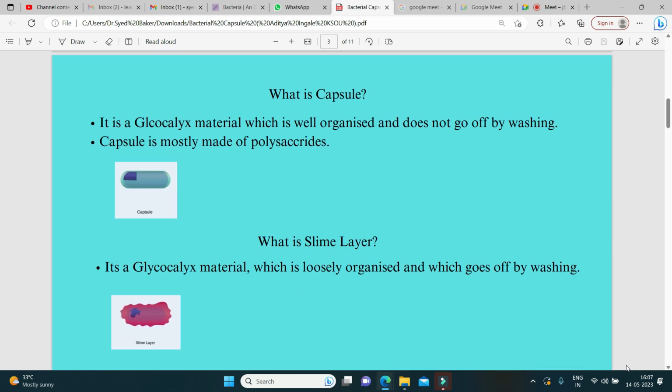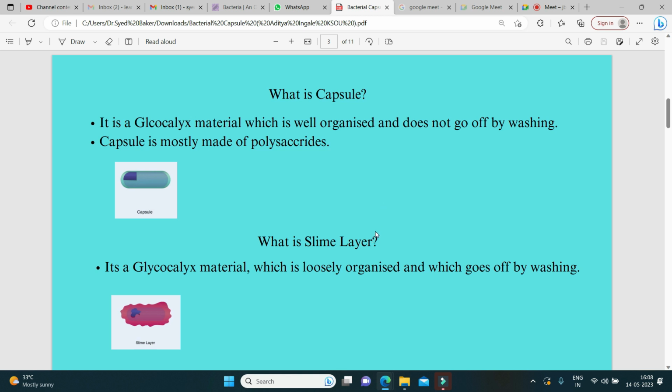So what is a bacterial capsule? When a bacterium releases a glycocalyx material which is well organized, properly organized, and which does not go off by washing or rinsing with water, such organized glycocalyx material released by a bacterium is called a bacterial capsule, in simple words.